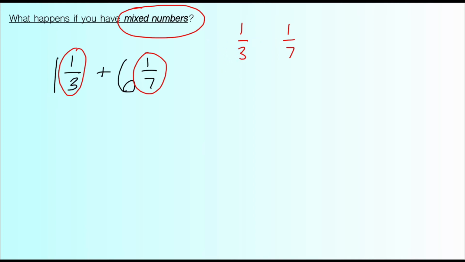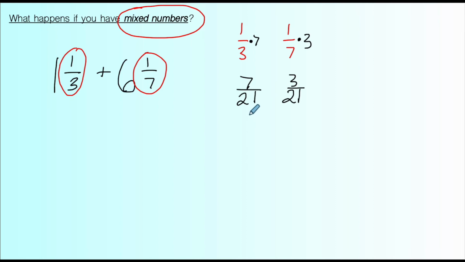So I'm going to multiply this first fraction by 7, and that's going to give me 21 in the denominator and 7 in the numerator. And I'm going to multiply the second fraction, 1/7, by 3, because that's also going to give me a denominator of 21. And now I have common denominators.